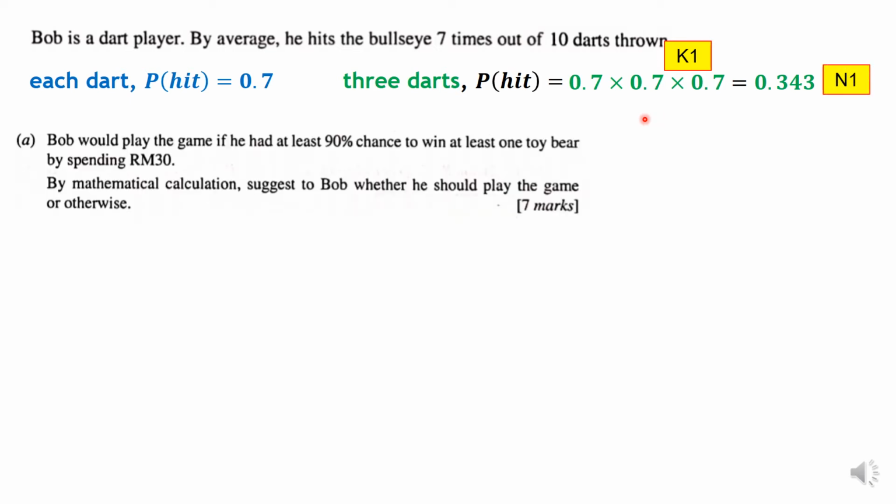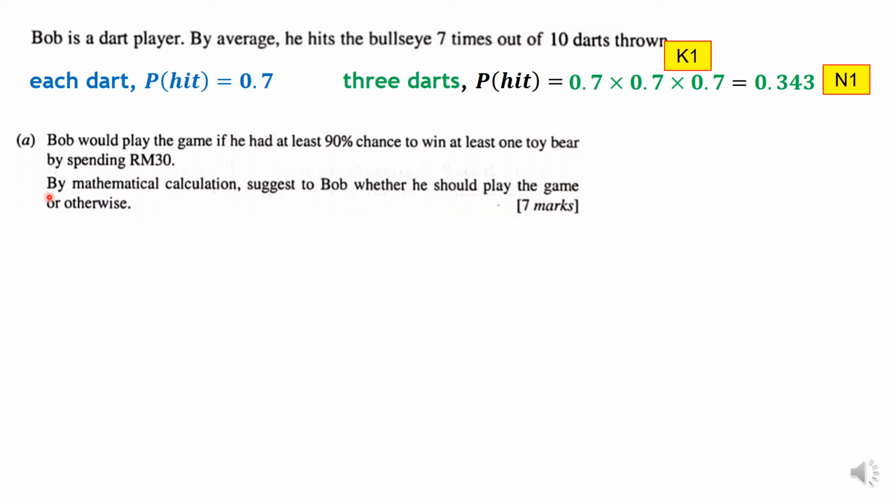Okay, then after that, part A. Bob would play the game if he had at least 90% chance to win at least one toy bear by spending RM30. By mathematical calculation, suggest to Bob whether he should play the game or otherwise. Where is the keyword that you can identify from this paragraph?